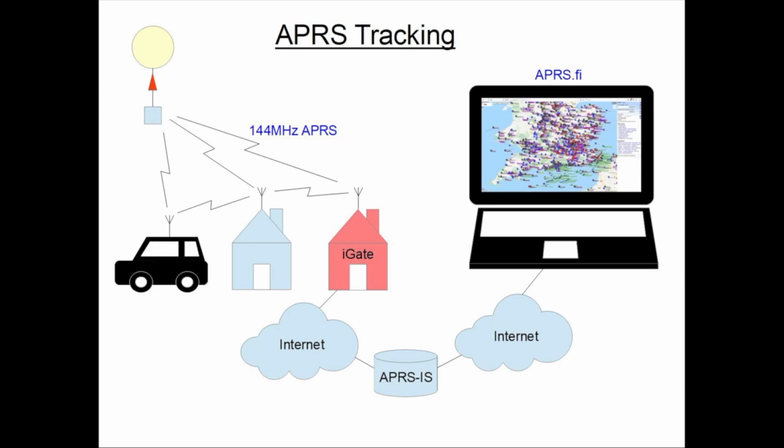Then if you want to see that on the map, you use APRS.FI, which backends onto APRS-IS, and pulls data off and puts it onto a map.